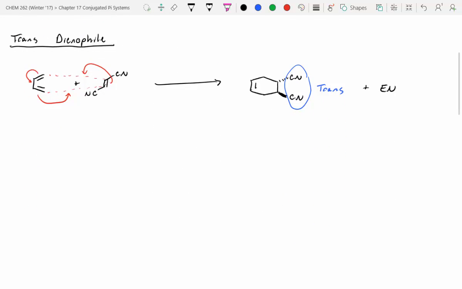All right, one last one, and then we'll get into the more complicated examples. Let's do a tetrasubstituted. Okay, so we've got our s-cis diene, and I'm going to just stick with the same dienophile, but now we've got groups coming off all four positions.